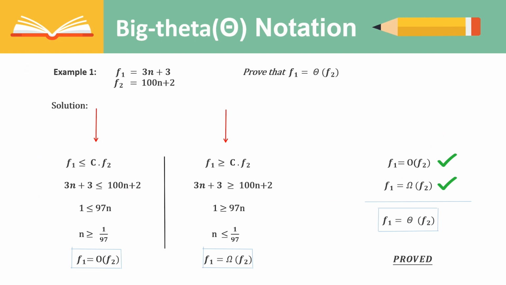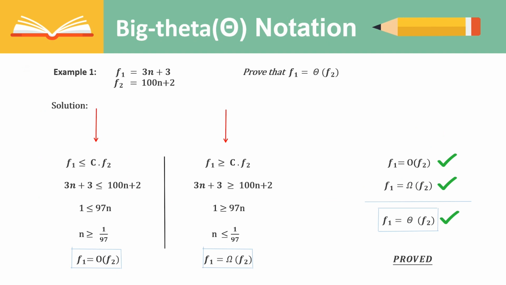Now putting the values of f1 and f2, we get 3n plus 3 is greater than or equal to 100n plus 2. By solving this, we get n is less than or equal to 1 by 97. Therefore, we can say f1 is omega of f2 is true. If f1 is big O of f2 is true and f1 is big omega of f2 is true, then we can say f1 is equal to big theta of f2 is also true.